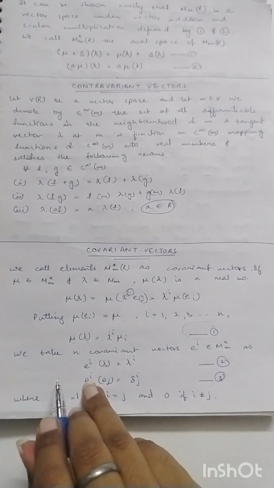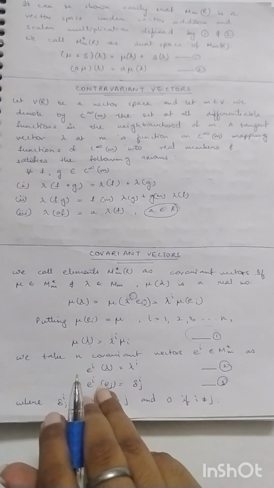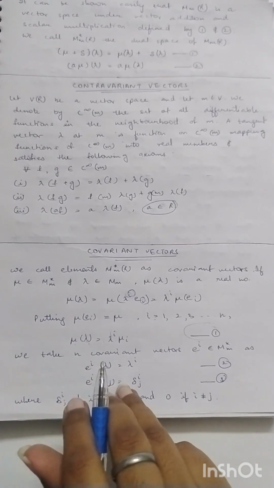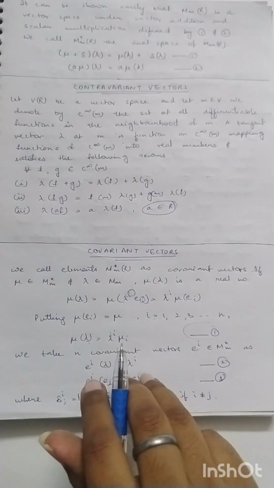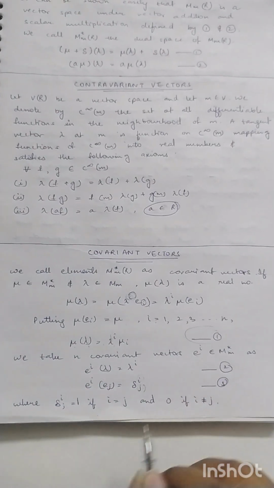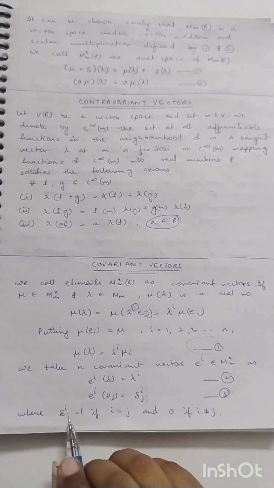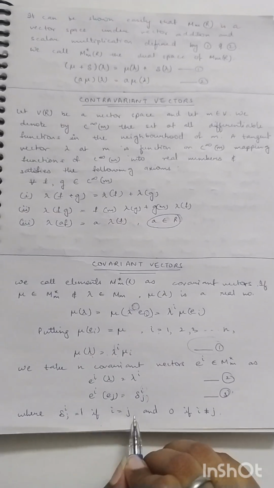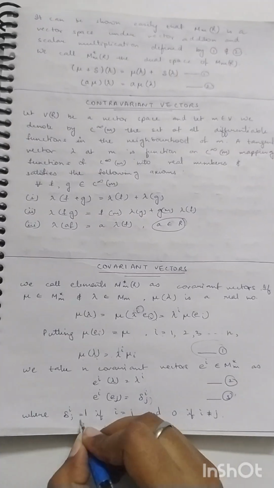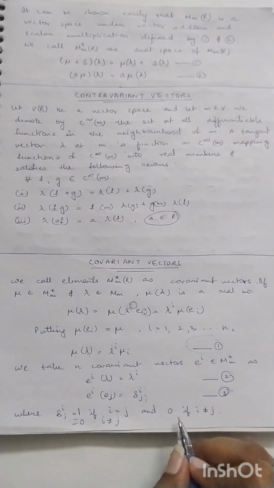This is the second equation. And E superscript i applied to E subscript j is equal to delta ij, where i is superscript and j is subscript. This is the third equation, where delta ij is equal to 1 if i is equal to j, and equal to 0 if i is not equal to j. I have written it here.